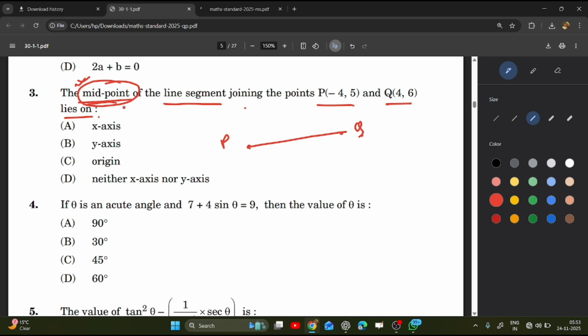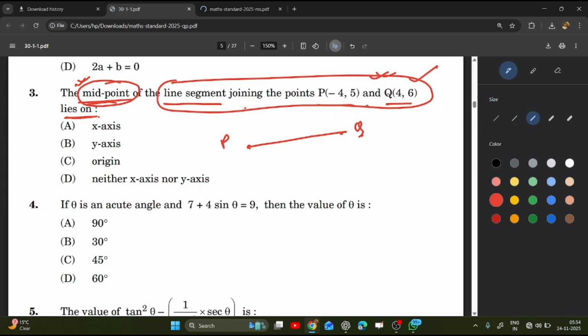So this midpoint of what, these are extra information. The main thing is the midpoint lies on. And these things are the midpoint of what. Now don't focus too much on this.